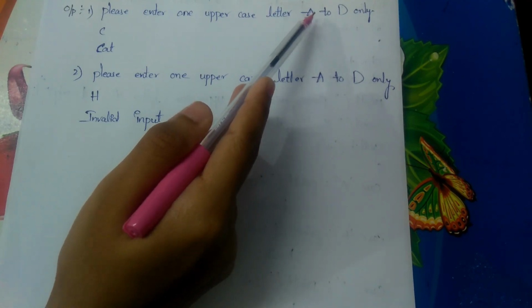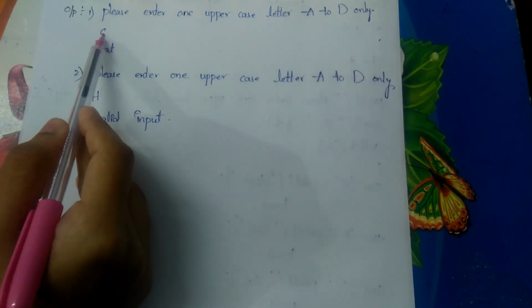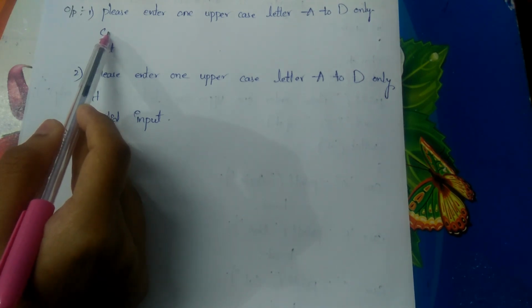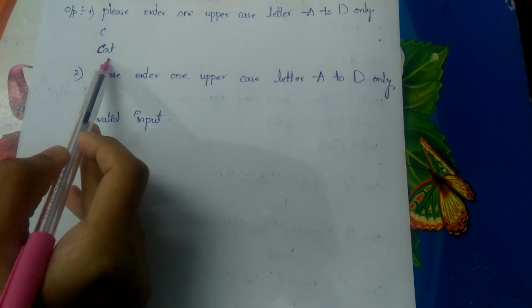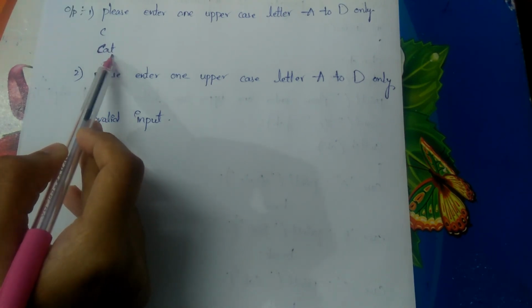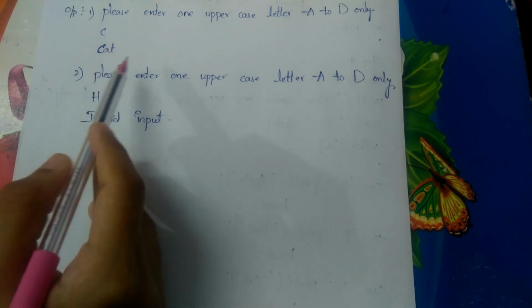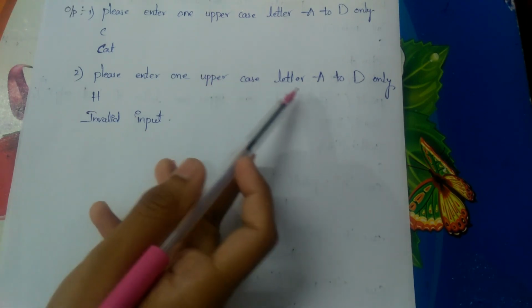After reading this, the user enters one uppercase letter between A to D. He enters C. After entering C, it goes to case C. In case C, we have the statement cat, so that statement will be printed. Then the break is used to exit from that block.